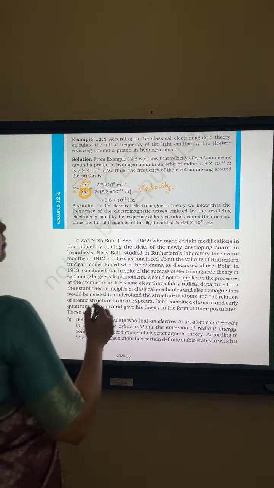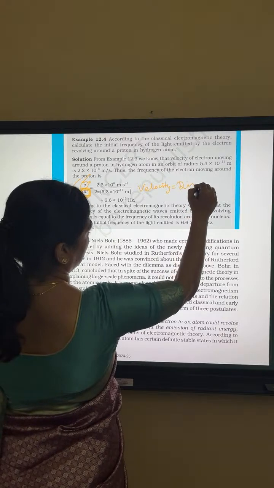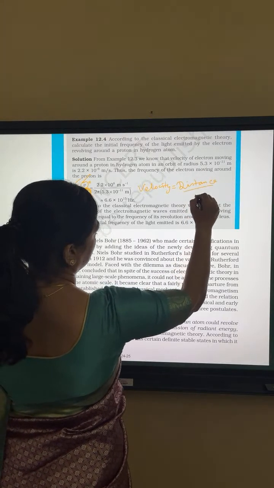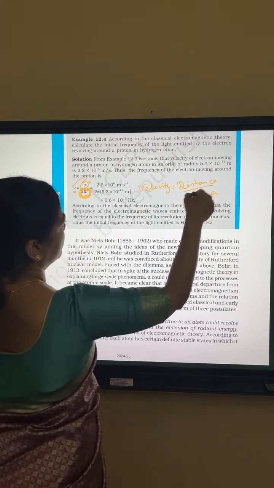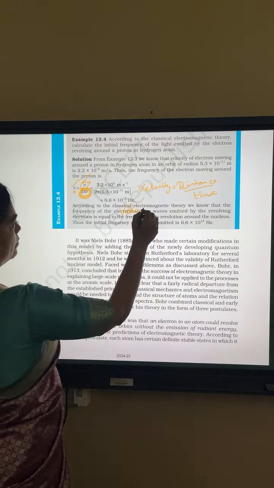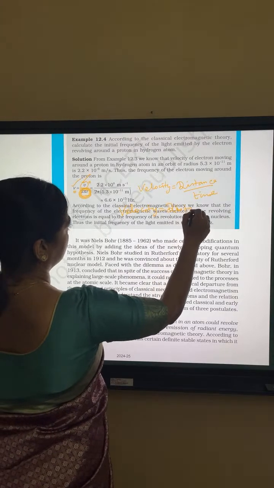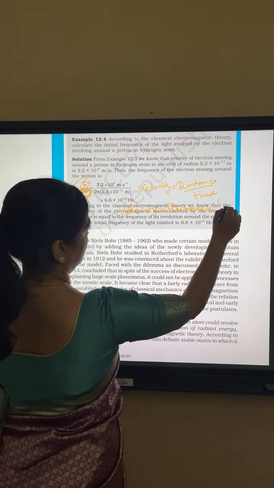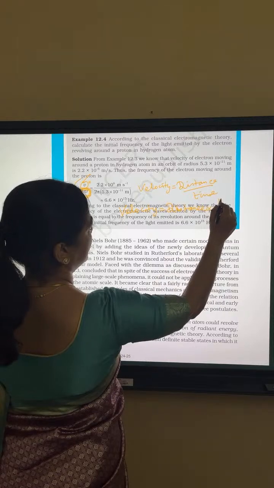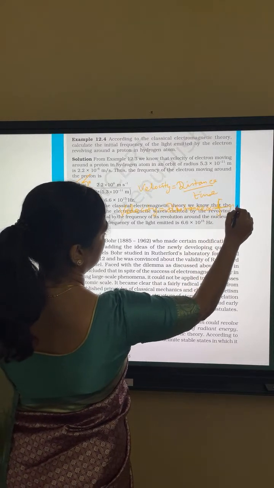What is the velocity? Distance by time. Okay, what is 1 by time? Frequency. If you take down this, 1 by time is going to be frequency. Yes, ma'am.